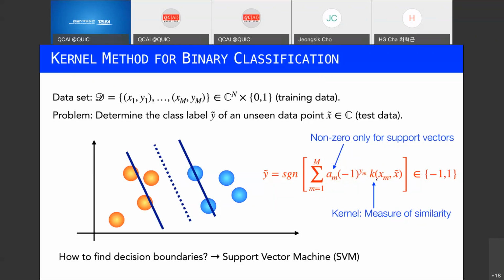And this function K is a kernel function, and it quantifies the similarity between the training data and the new data that we try to classify. So you can see this is really a weighted sum of the similarity function.